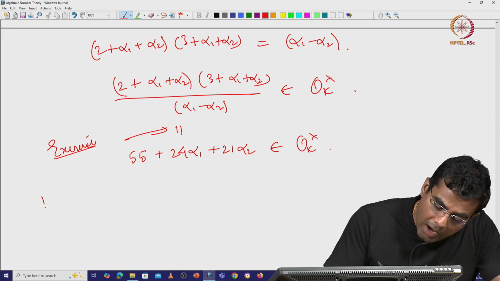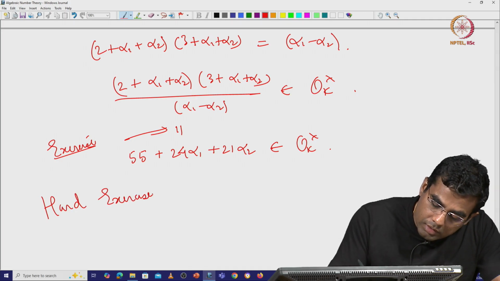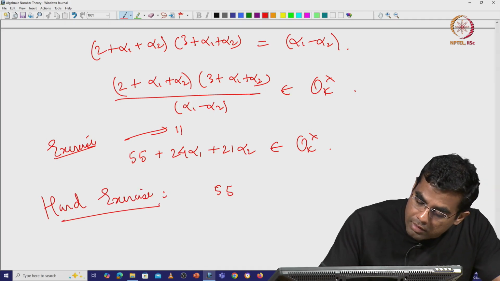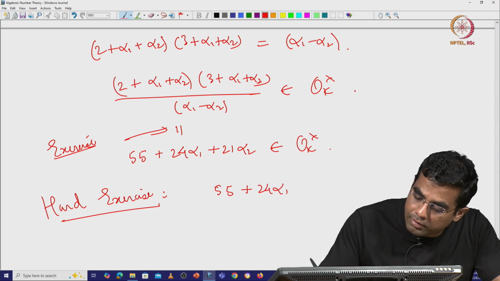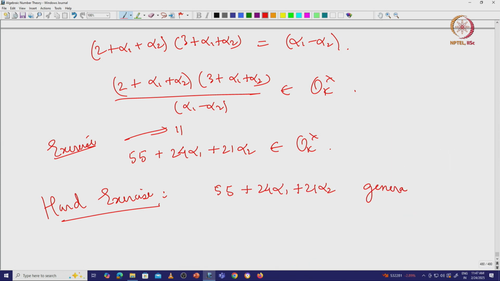And here is a hard exercise, if you like to do it, that 55 plus 24 alpha 1 plus 21 alpha 2 generates O_K cross modulo its torsion. So, this is what is called a fundamental unit.